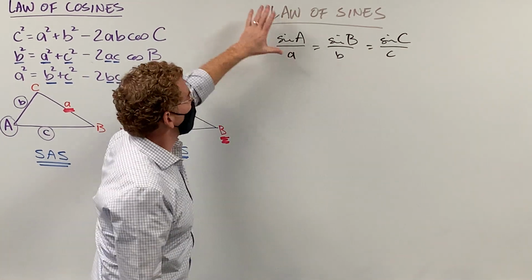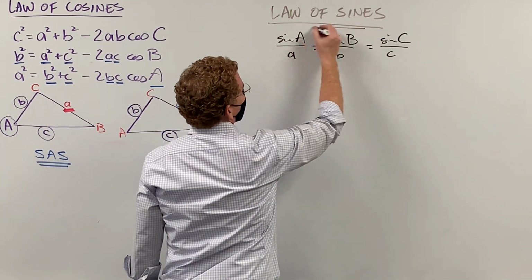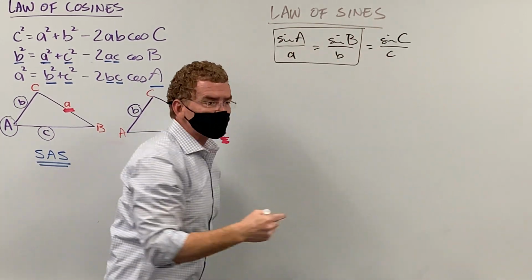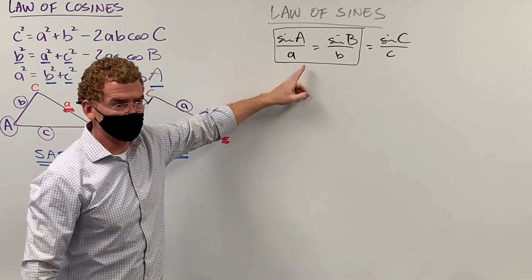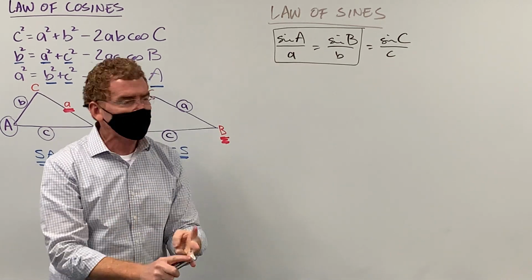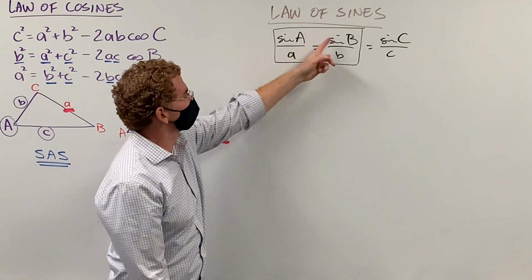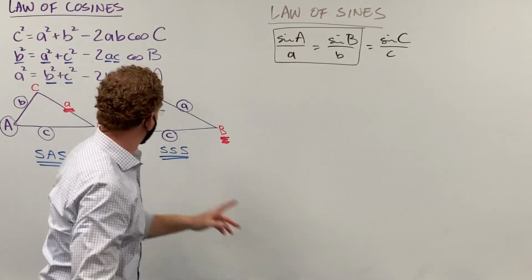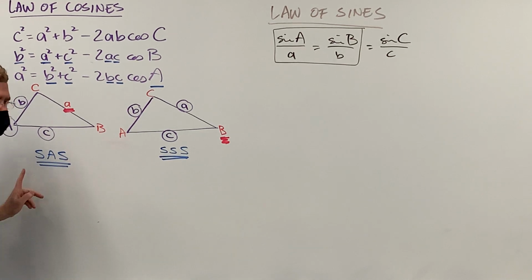Okay? Now, law of sines, I'm just going to use the A and the B example. There is no way to get side, side, side even into that. Think about it. If I know A and B and C, I can plug the A and the B in, I can't even get the C in, and I'm left with 2 variables. Never want to use law of sines in a side, side, side situation. Now, side, angle, side.